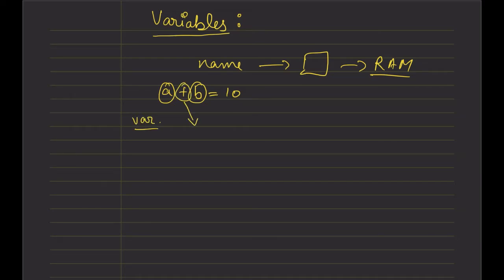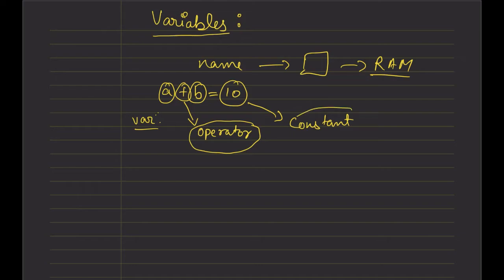Plus sign is called an operator, and the number 10 is a constant. A constant has a fixed value. In this case, the value is 10. Its value cannot change. But in case of variables, you can assign different values. For example, a can have the value 10, a can have the value 1.23. So a variable can store different values.